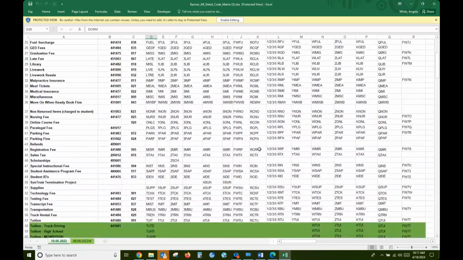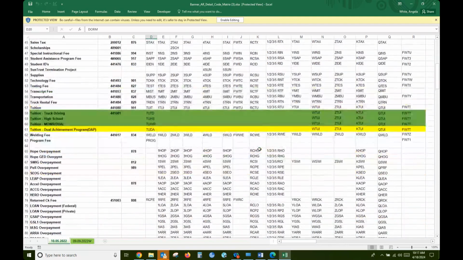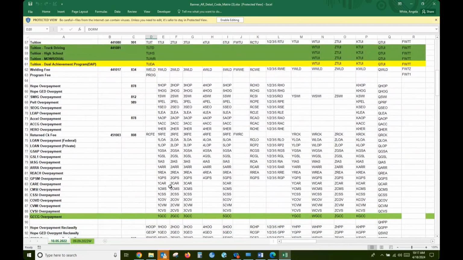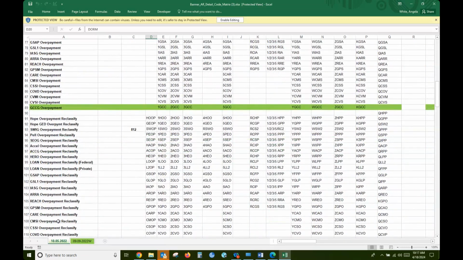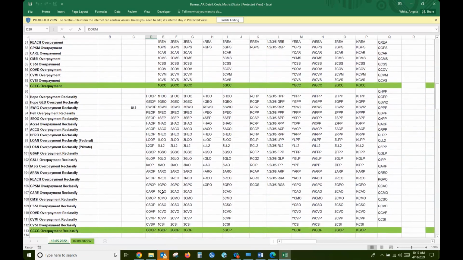So these are going to be your charges, right? Then down here are overpayment codes, so if your college uses overpayment codes, and then down here is the reclassification codes. So if your college reclassifies, if you're thinking, what is reclassification? Your college probably doesn't do it, so don't worry about it, right?